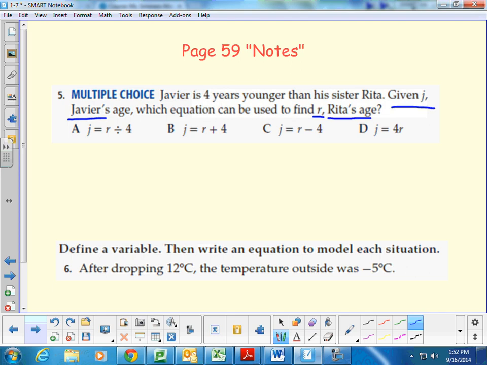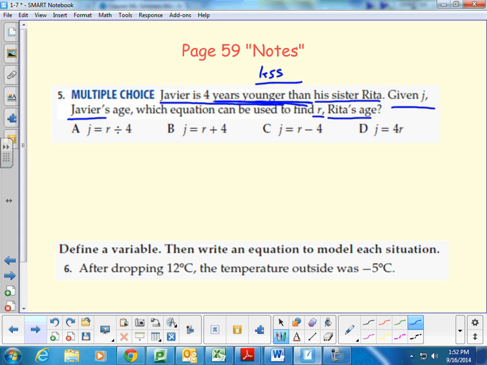Okay? So what we really need to determine is the relationship between the two. What we know is that Javier is 4 years younger than, that sounds like less than Rita. So it sounds like younger than is kind of a less than situation, which I know is subtraction. So you just kind of have to determine which one would I subtract from.